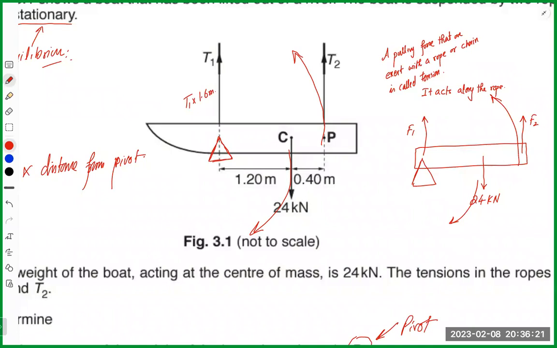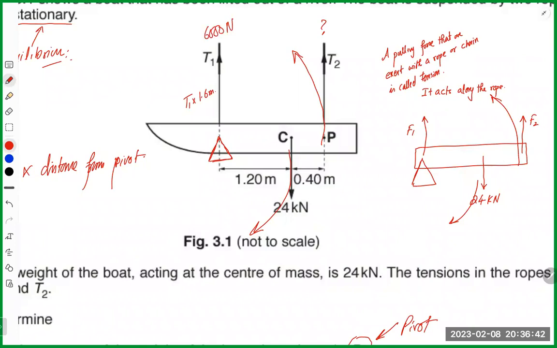Okay, and there is an easier method. If this system is in equilibrium, total upward force is equal to total downward force. Total downward force is 24,000 Newton. Total upward force is 24,000 Newton as well. Out of which I know that this force is 6,000 Newton, and I don't know this force.